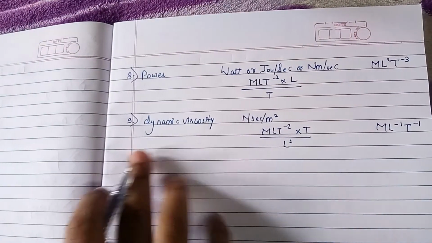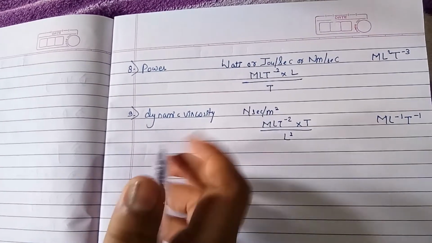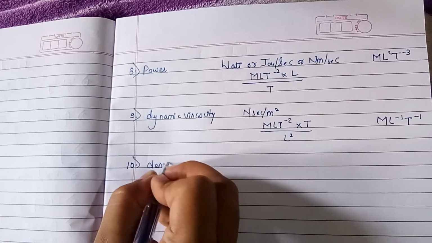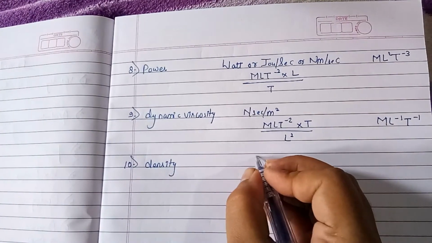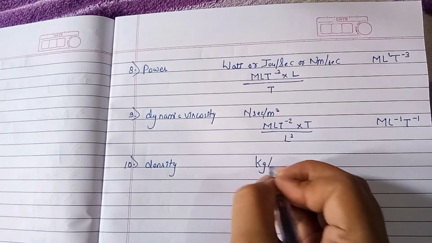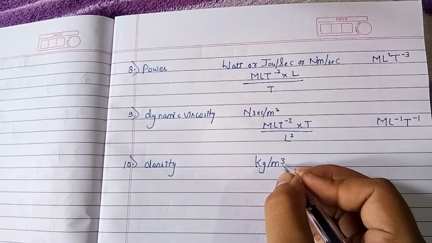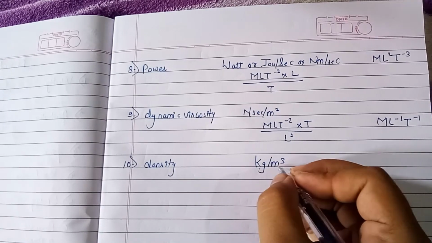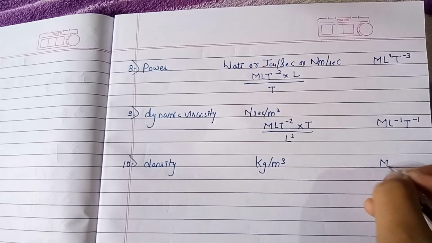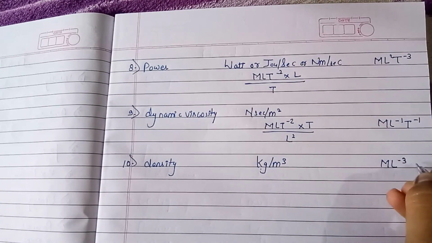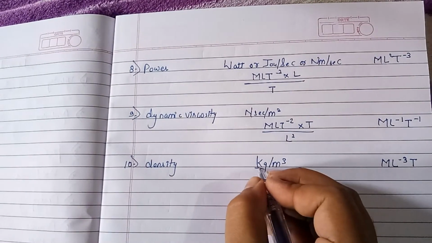This is for dynamic viscosity. Next we will see density. Its unit is kg per meter cubed. Kg represents mass and meter cubed represents length. So mass is M and per meter cubed gives M L^-3, and T is not there, so it will be 0.